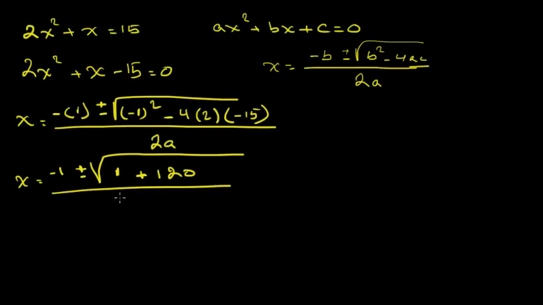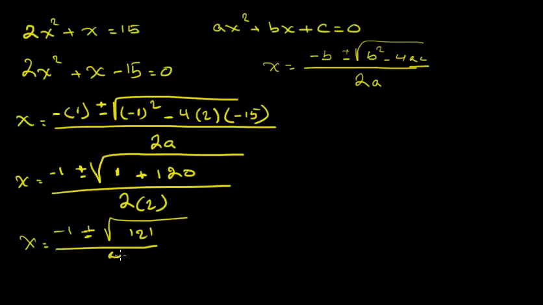And all is over 2a, which is 4. Now we'll have x equals minus 1 plus and minus the square root of 121 over 4. 121 is a perfect square, which is 11.